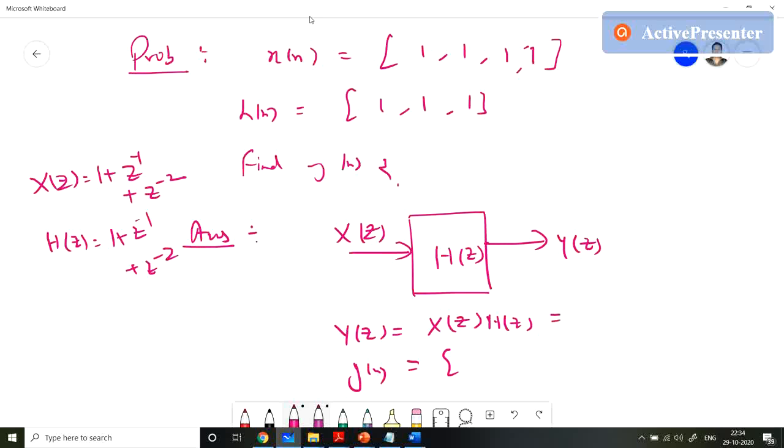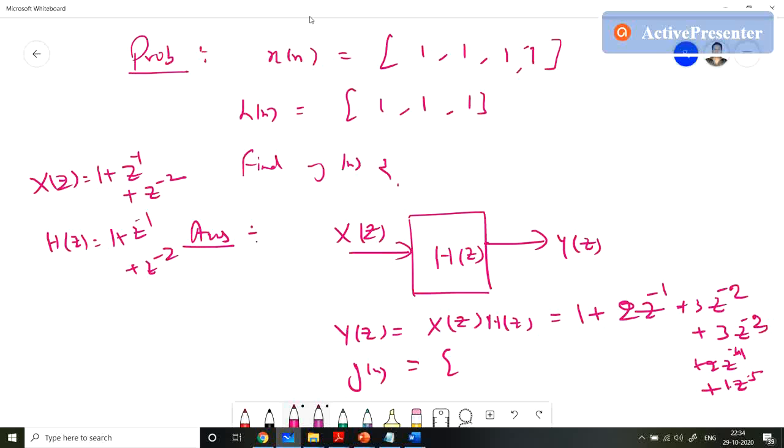So what we will get here, please check this relation: 1 plus 2z^-1 plus 3z^-2 plus 2z^-3 plus z^-4 after combining terms, with the last term z^-5.